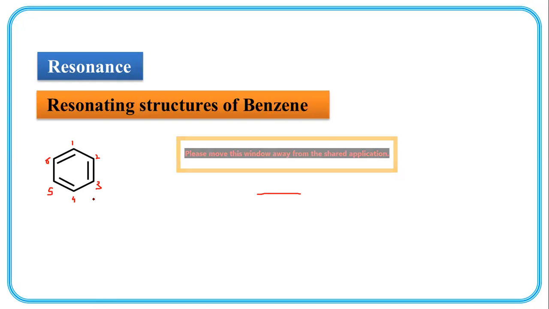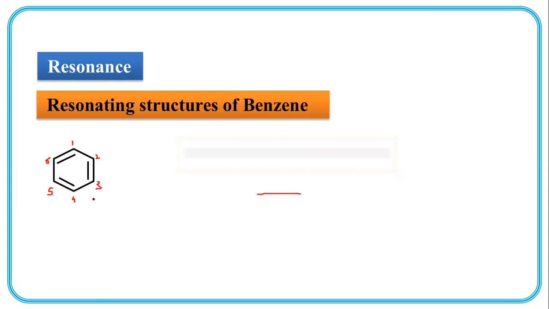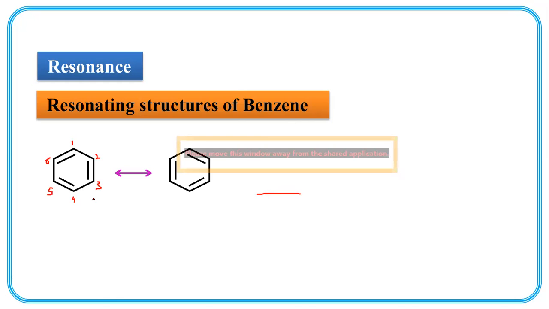Here is the resonating structure of benzene. In the first and second structure of benzene, the structure is the same, but the arrangement of electrons is different.